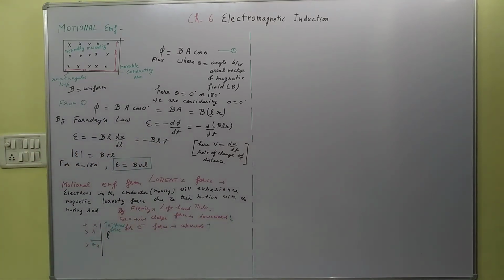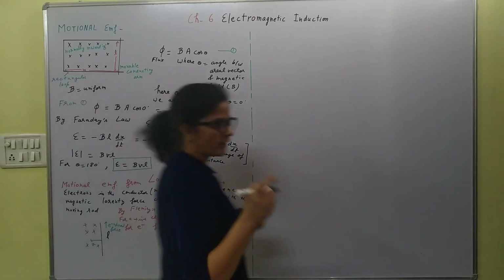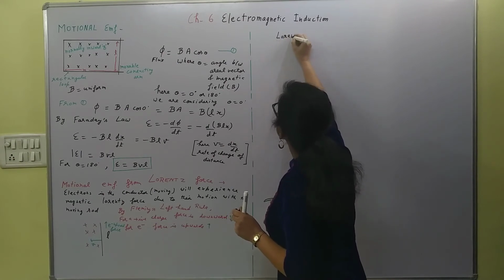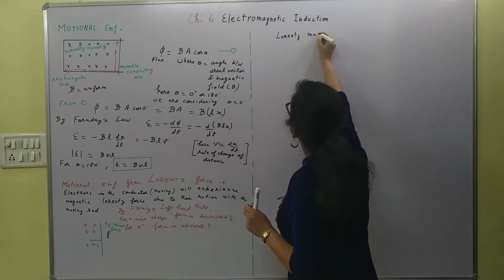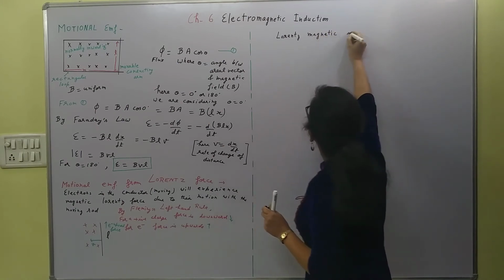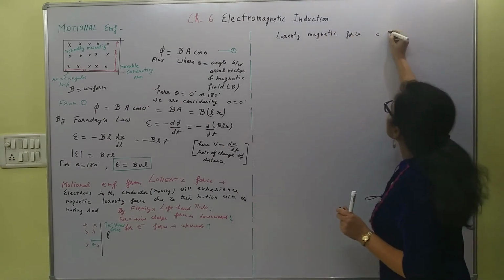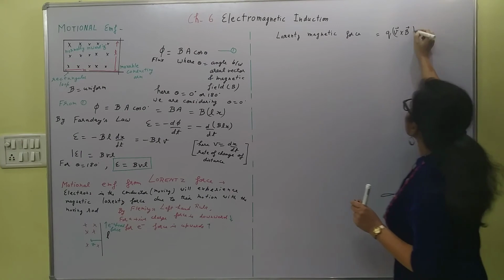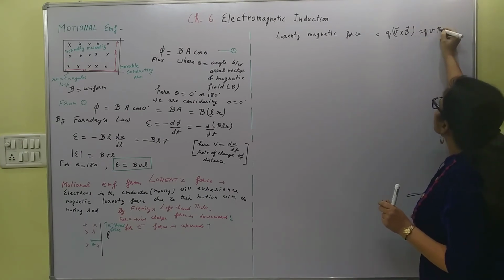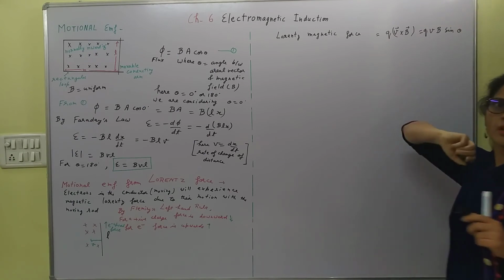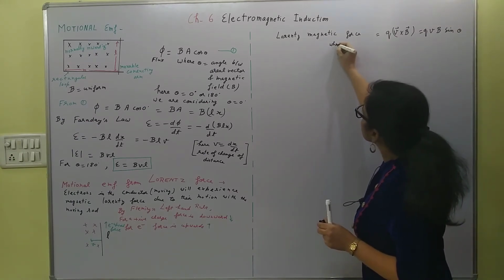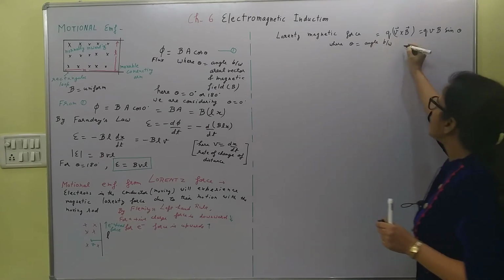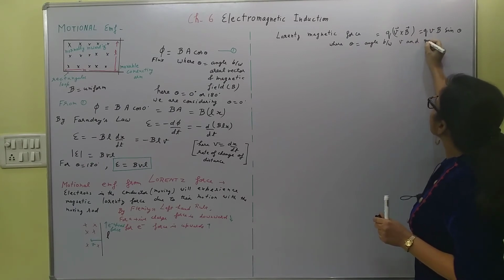So what is the value of Lorentz force? Formula for Lorentz force, Lorentz magnetic force specifically, is QV cross B, or you can say QVB sine theta, where theta is the angle between velocity and magnetic field.